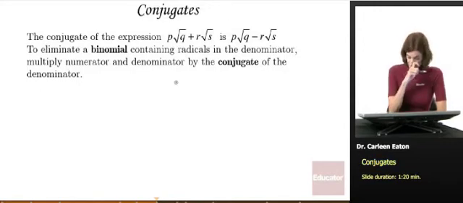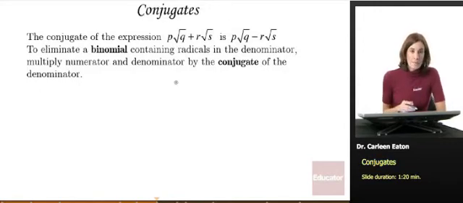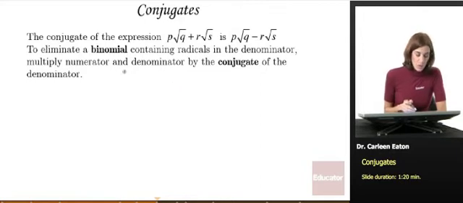Sometimes the radical in the denominator will actually be part of a binomial. So in order to eliminate a binomial that's in the denominator, you need to multiply the binomial by its conjugate. And conjugate means a binomial with the same terms but the opposite sign.